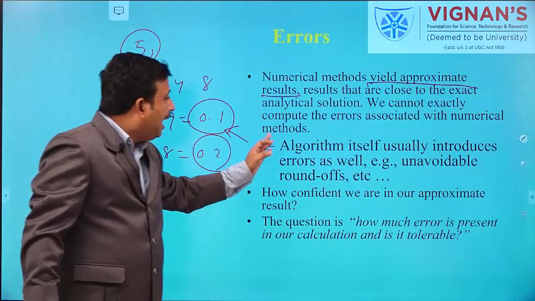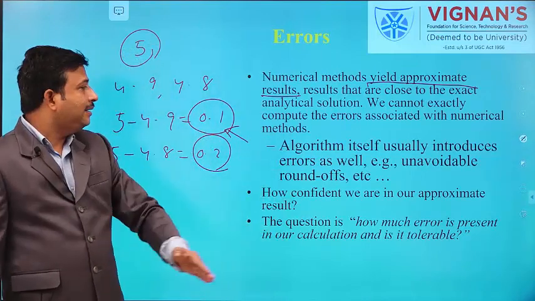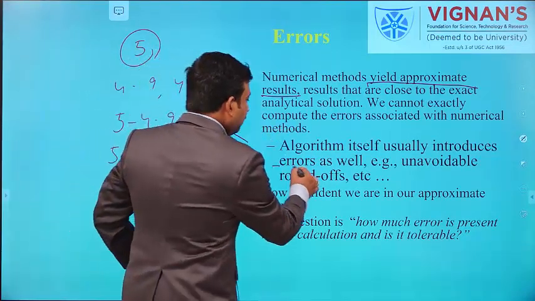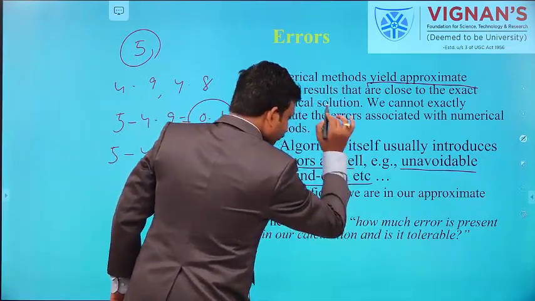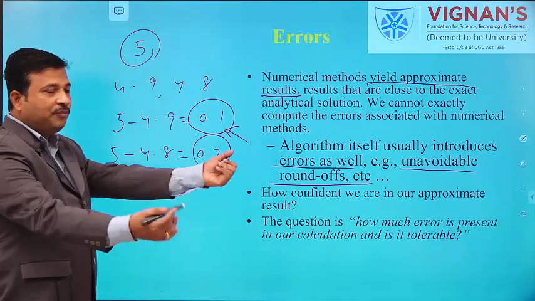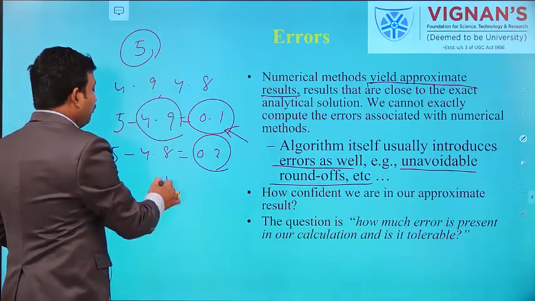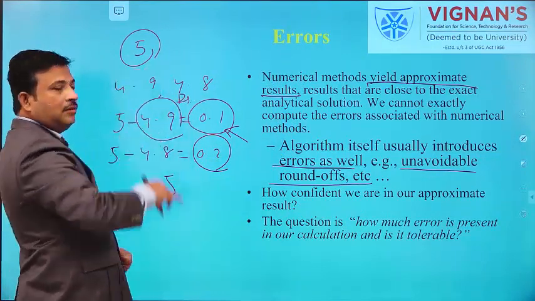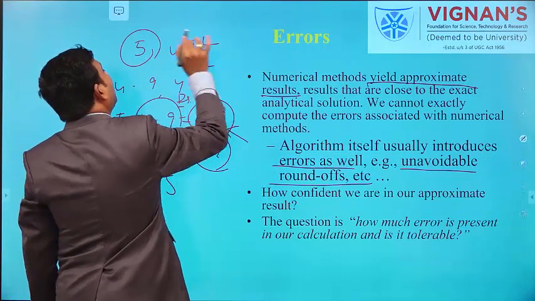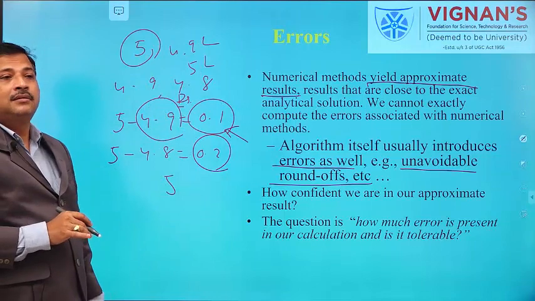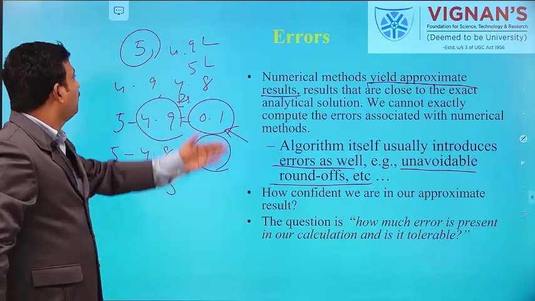Is it clear? So the algorithm itself usually introduces error, as well as unavoidable round off, right? We round off; 4.9 we can round up to 5 if it is some rupees. If it is 4.9 lakh, can you round off to 5 lakhs? Then what about the remaining 0.1 lakhs?